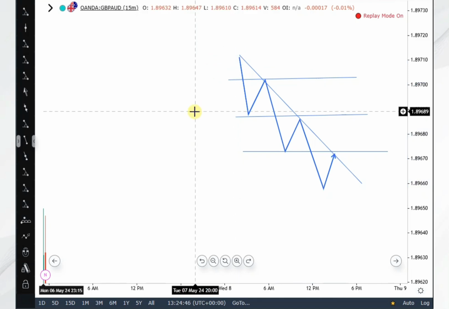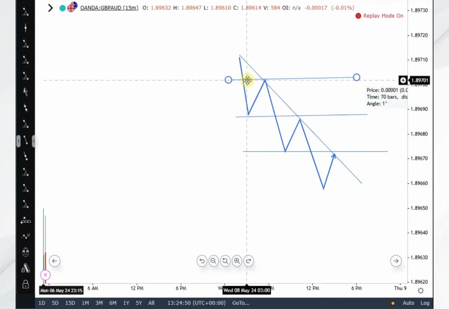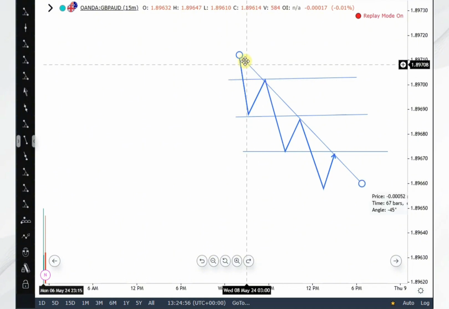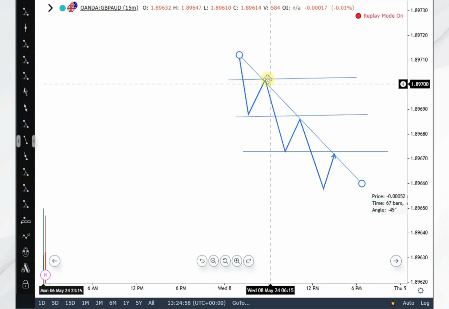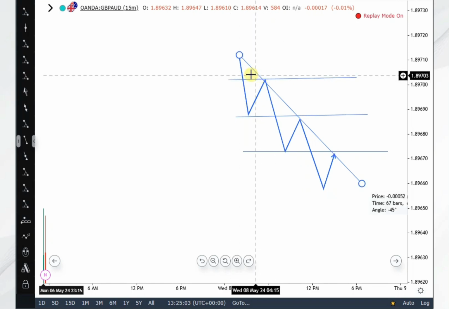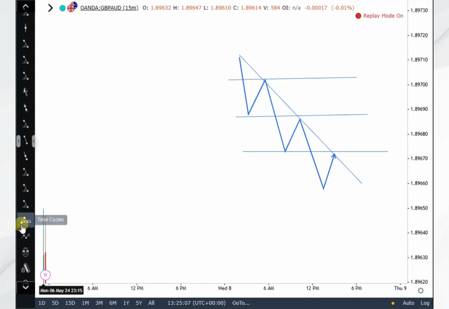So how do you take a trade from this place? When you draw your trend line, you see that the market has come to this point, broke below this support level, came back up to this resistance level. Retesting it, you see that there's a confirmation here. There's a trend line confirmation that price has retested this psychological level or resistance level. Now you're going to take a sell trade from this point.